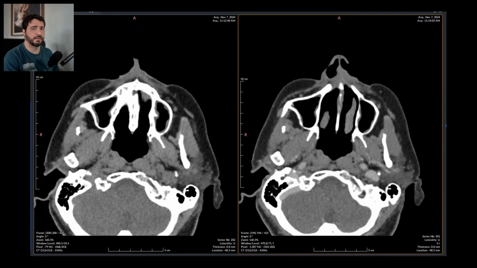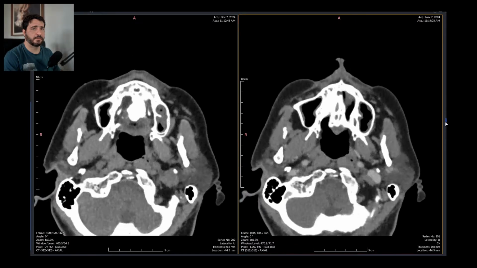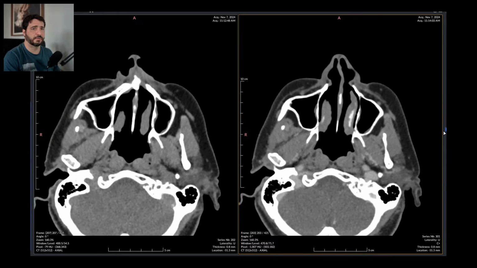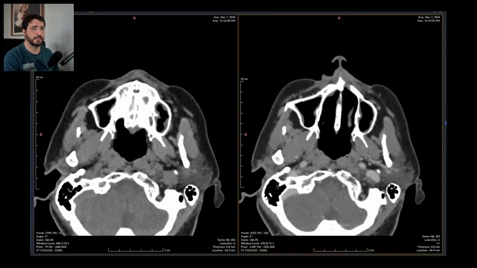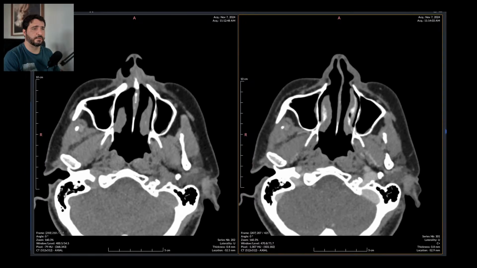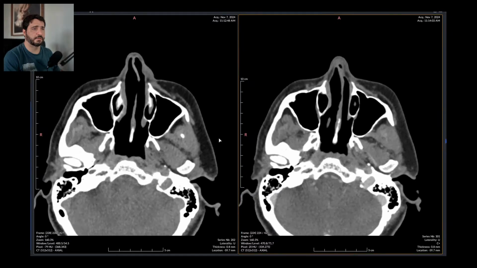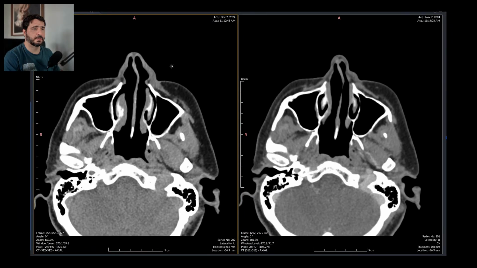Maybe a thickening here. I don't know. I can't really say. It really doesn't say much about what kind of surgery she had. So I wouldn't be able to tell. It really draws my attention to this.